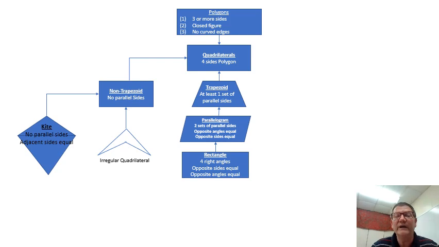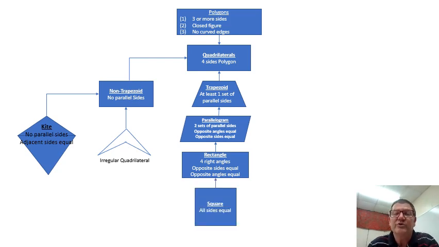Underneath rectangles, we learned today, were squares, where all sides are equal. That was kind of unique because a rectangle also has opposite sides that are equal. A square has opposite sides equal and also four right angles, so a square is also a rectangle. Not all rectangles can be squares because not all sides are equal.